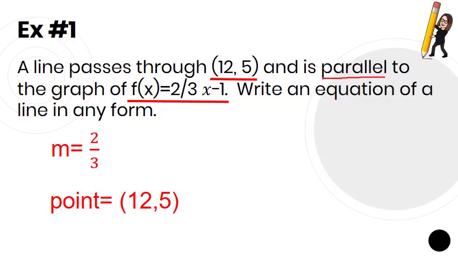Would it be easier to use slope-intercept form or translated form? Let's use translated form. So I would start off by writing y equals the slope of 2/3, parentheses, x minus 12, close parentheses, plus 5.